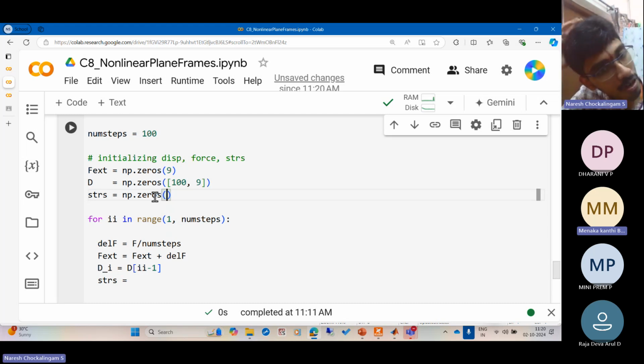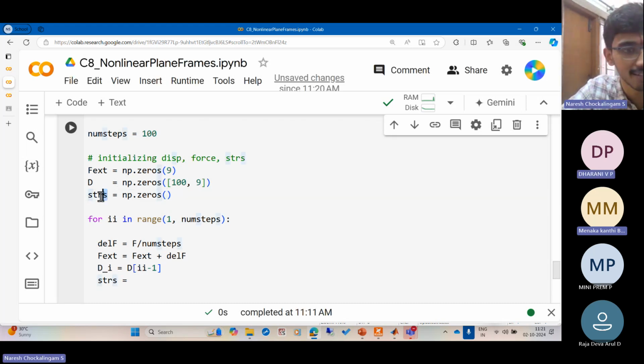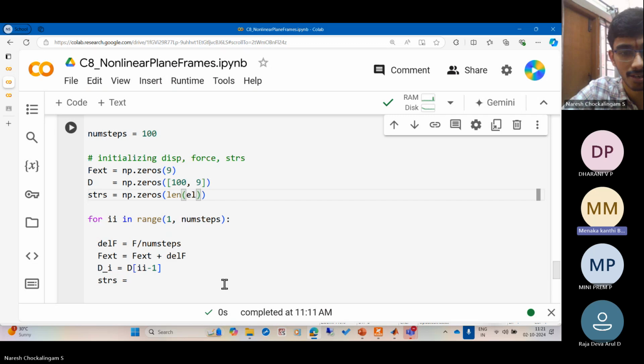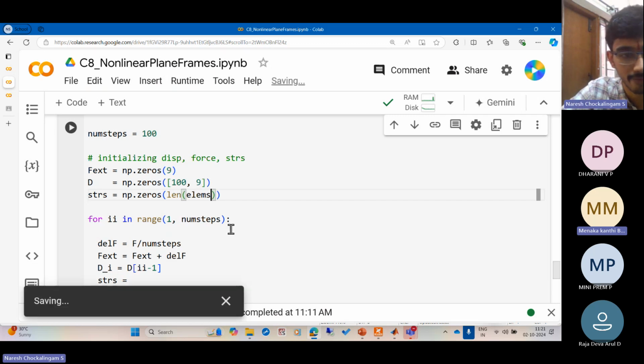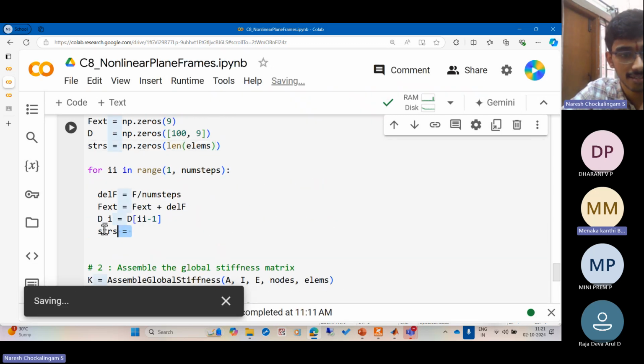So for one element, how many forces do we have? That's why I said don't confuse. It's not force, it is the stress. It is the axial force inside an element that has only one value. It is constant in one element, right? So this will be how many zeros? 2. Yes. So it will be the number of elements, length of elements. Very good.